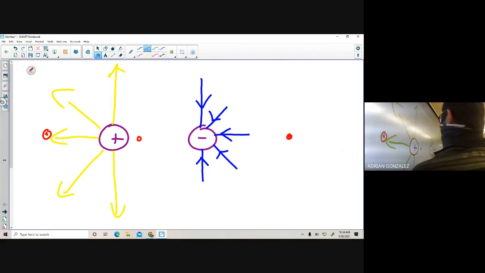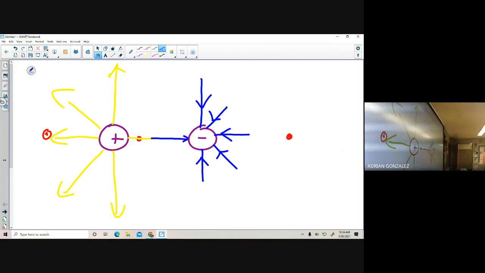Repel it. It's going to push it, push it, push it. Once you get to about halfway between the two particles, who's going to start taking more of an effect? The negative. And what's the negative going to do? Pull it in. And so what you're going to get is a field line that looks like this.